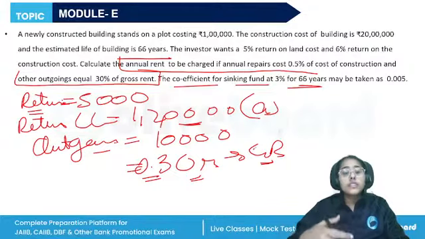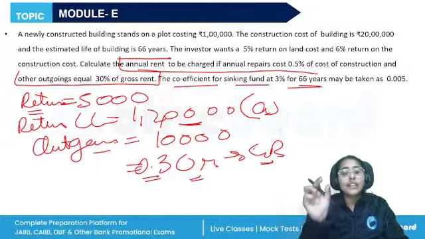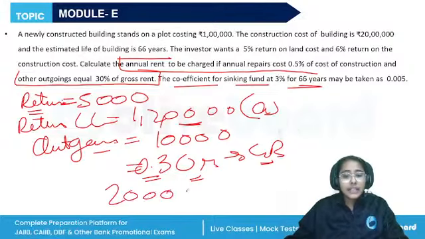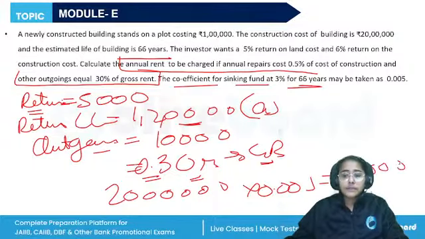The amount towards sinking fund. How will we calculate the amount towards sinking fund? It is given as 0.005 in the question itself. So multiplying 20 lakh with 0.005, what we will get? We will get 10,000 rupees.